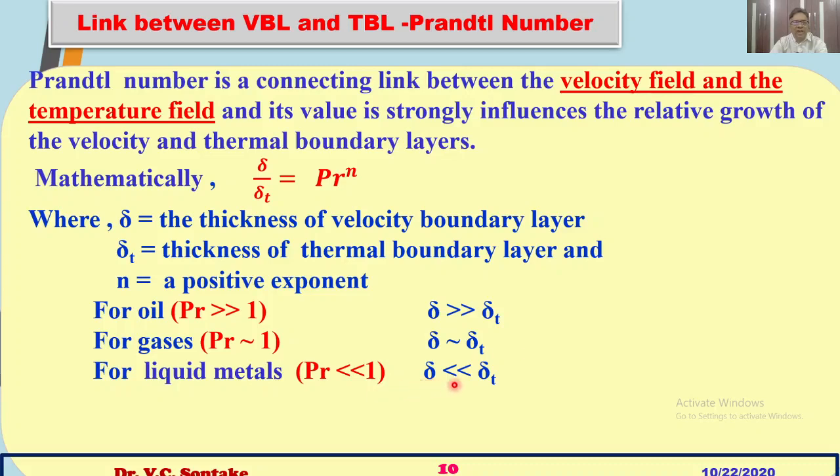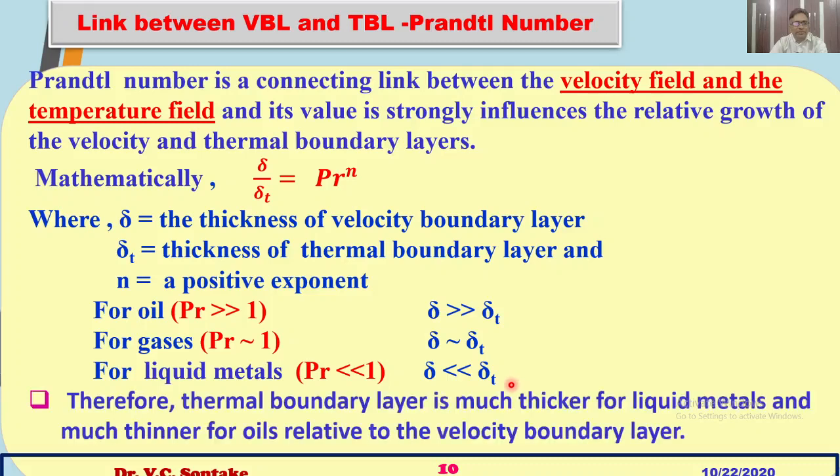So delta will be less than delta t. So I can sum up: thermal boundary layer is much thicker for liquid metals and much thinner for oil relative to the velocity boundary layer. So this Prandtl number can help us to find out which boundary layer phenomena will grow faster as compared to the other, thermal boundary layer or velocity boundary layer.